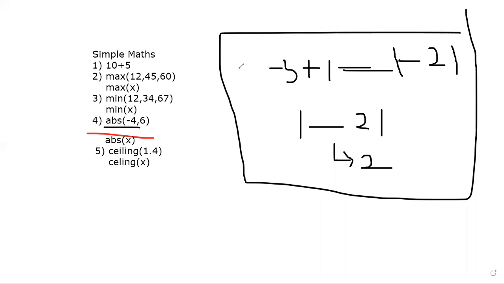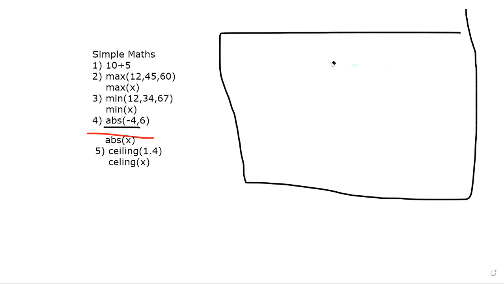Ceiling means, suppose I have values like 1.5 or 1.23 or some values.